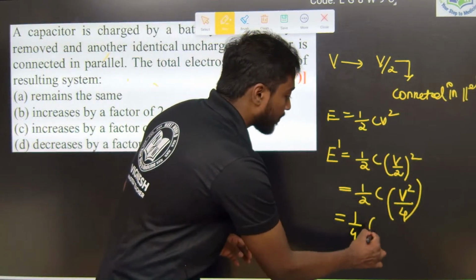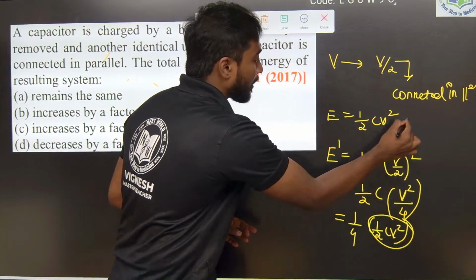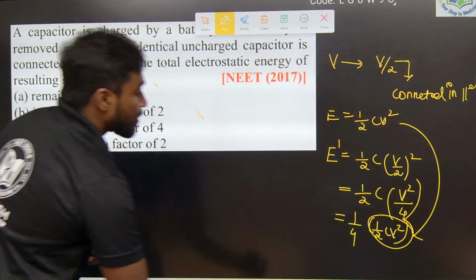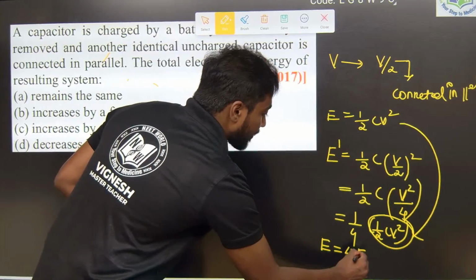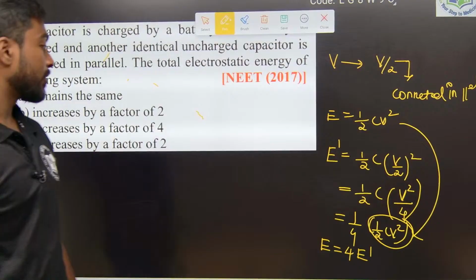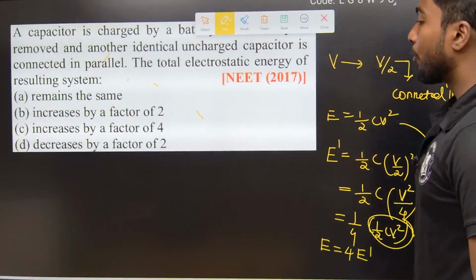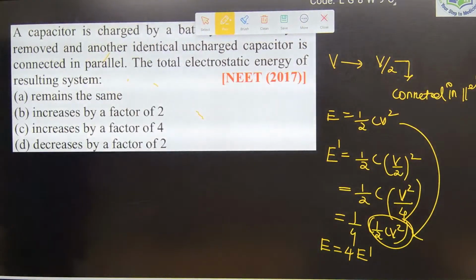So it becomes 1 by 4 into half CV square, and half CV square is nothing but E. So E dash is E by 4, meaning the energy changes by a factor of 4. That's it. Option C is the correct answer.